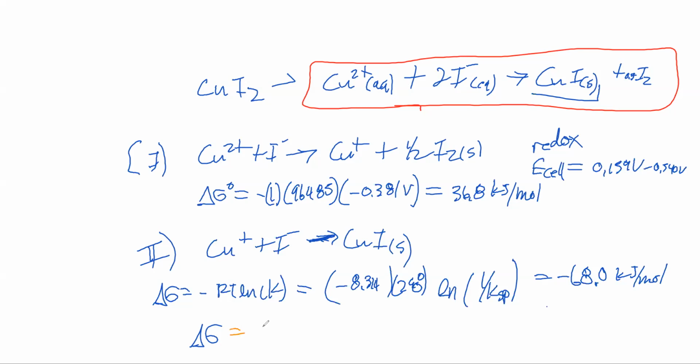We kind of have our 36.8 kilojoules per mole plus negative 68.0 kilojoules per mole. And so we get a spontaneous reaction, which is that negative 31.2. Right?